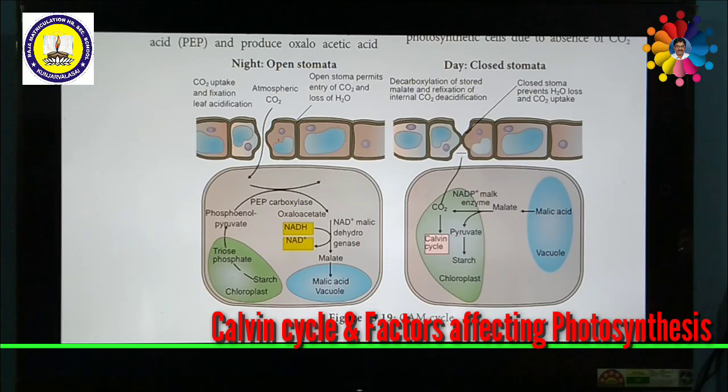A special type of cycle takes place. That is why it is called the Crassulacean acid metabolism cycle. That is the CAM cycle.